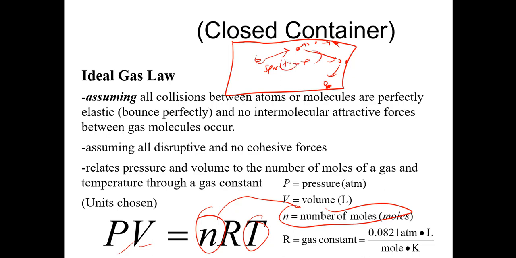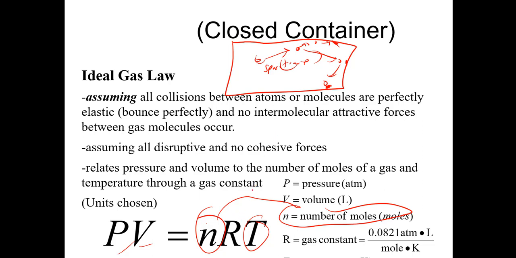So temperature is movement, and the faster the particles are bouncing around, the higher the pressure inside the volume. But it's going to be equal to the moles times the movement of the particles.